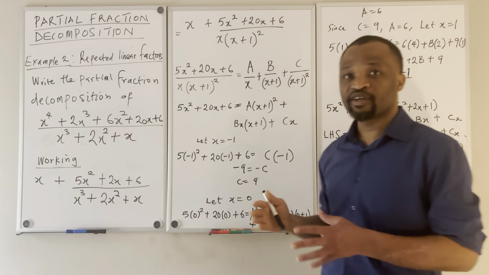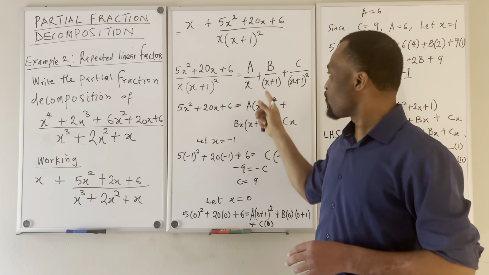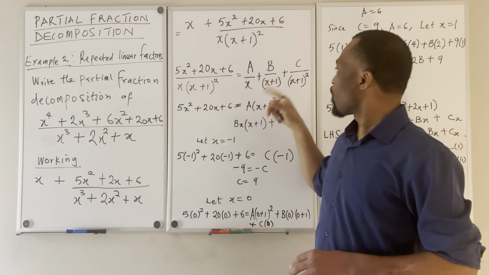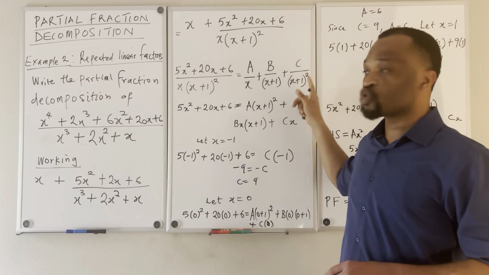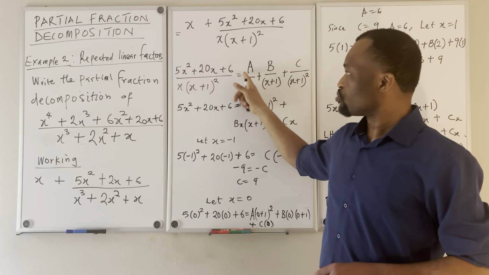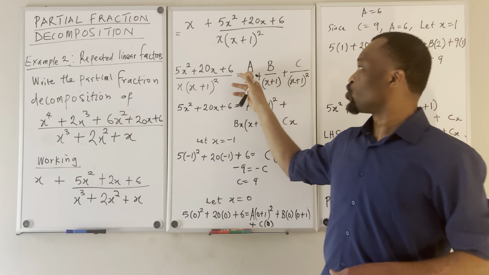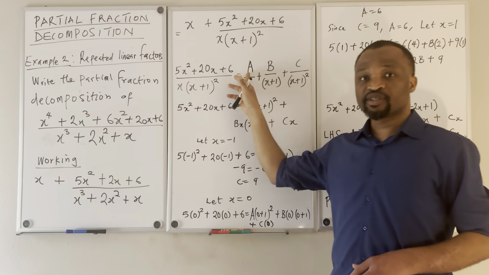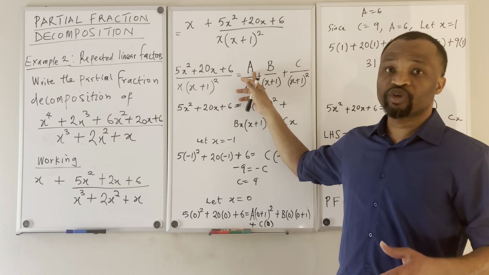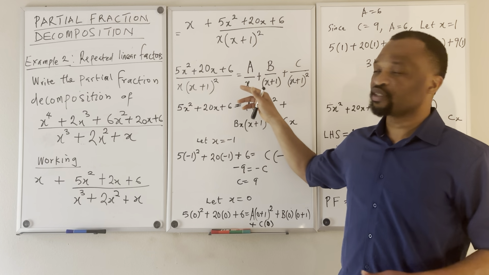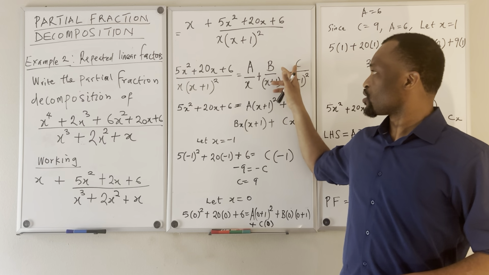So we start by writing the first linear factor to be x, the next denominator to be x plus 1, and the next to be x plus 1 raised to the power 2. Then at the numerator, we write our unknowns, which is what we are trying to find, A, B, and C.